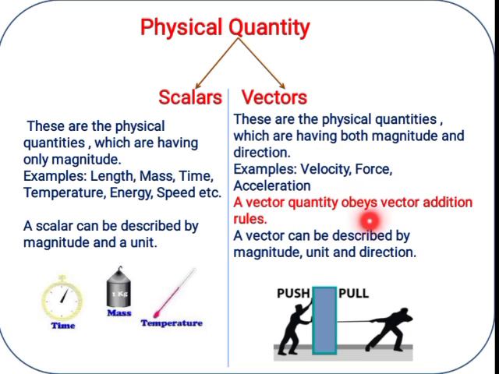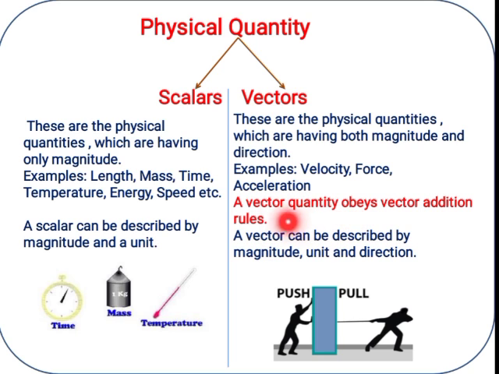A vector quantity obeys vector addition rules. This is a very important point. Some physical quantities definitely have magnitude and direction, yet we still say that they are scalars, for example, current. So in such cases we have to remember this point: a vector quantity obeys vector addition rules.